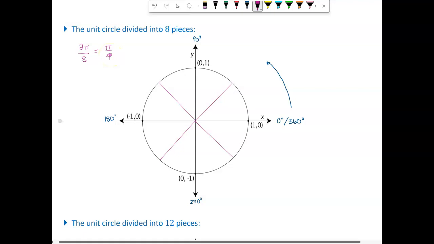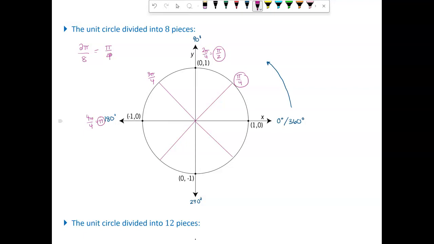That means that each of these 8 sections, so this first angle here to reach there would be 1 pi over 4. To get over here will be 2 pi over 4, but that simplifies to just pi over 2. And the next one would be 3 pi over 4. And then we get to 4 pi over 4, which is exactly just pi.